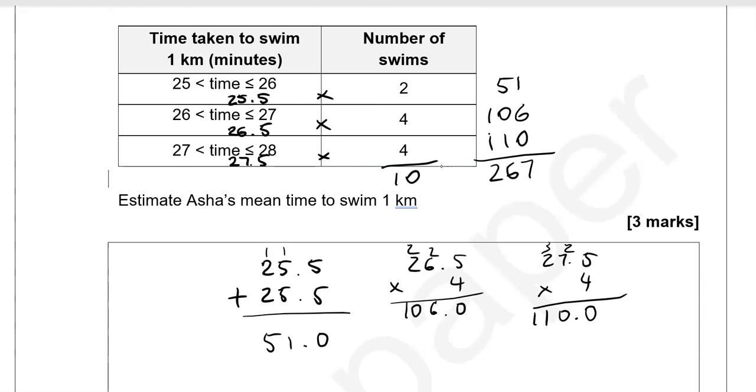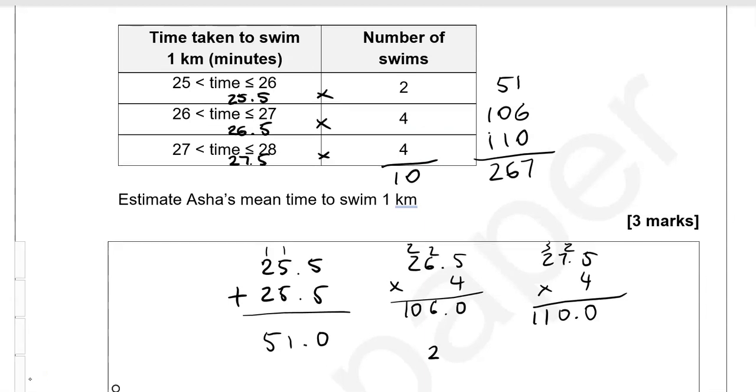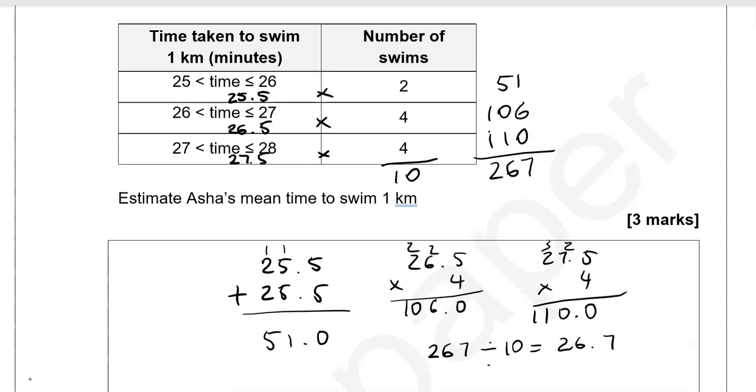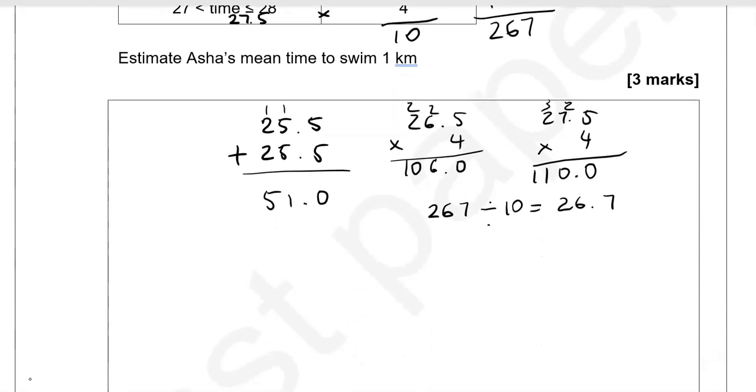Number of swims is 10, so we're going to divide 267 by 10, which gives us 26.7. Moving the decimal point one place to the left to make this number smaller. So that's the estimation.